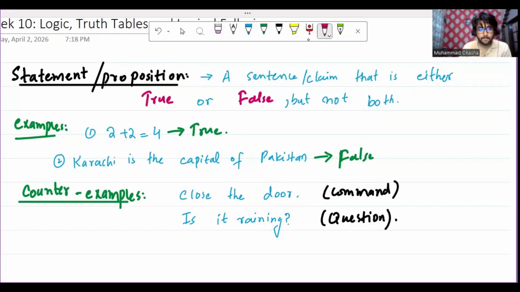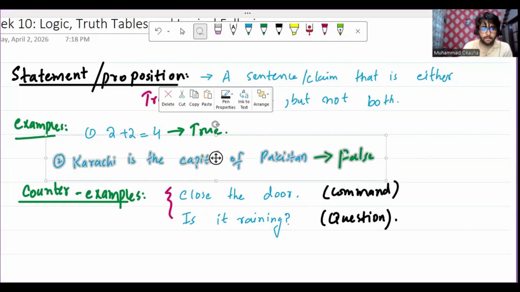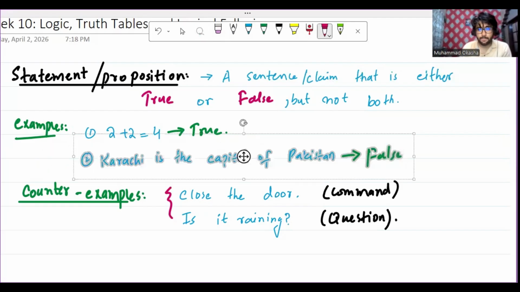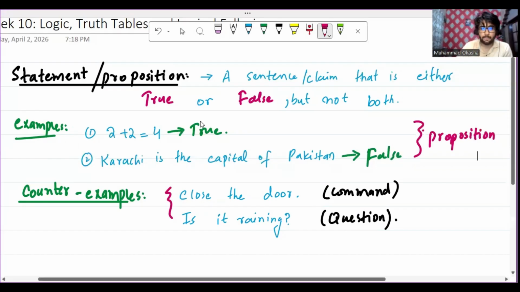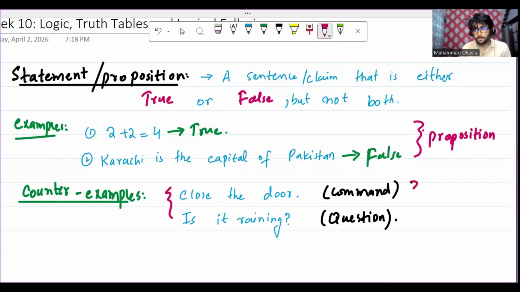These two examples, example one and example two, are examples of propositions, but this one is not a proposition because this statement can neither be true nor false.